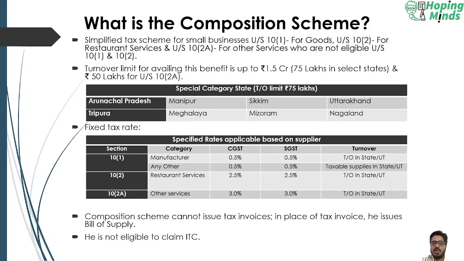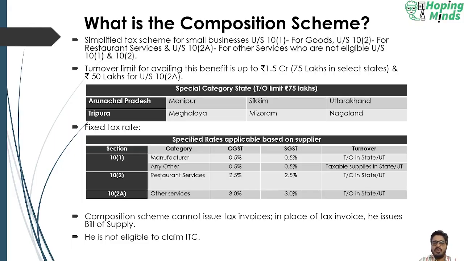That is total 1% of the turnover is to be paid as GST. Then for any other person also the rate is same, that is 0.5% under CGST and 0.5% under SGST. So these suppliers cannot do interstate business, that is they have to make the supplies within their own state.